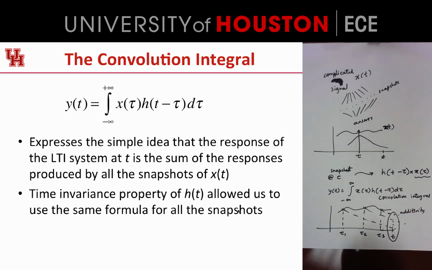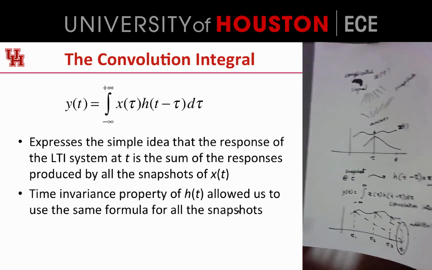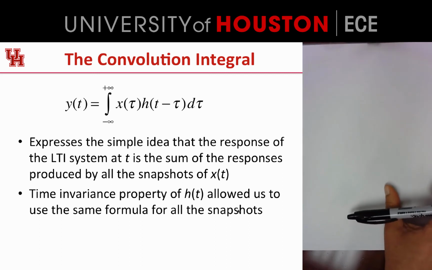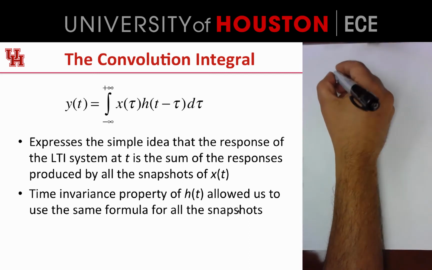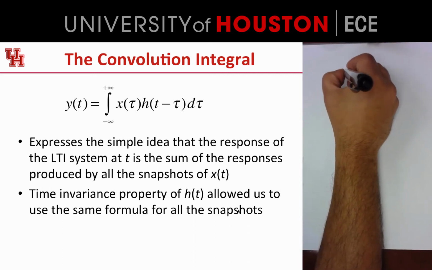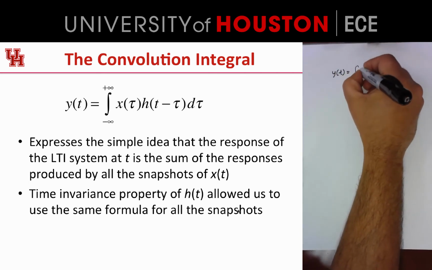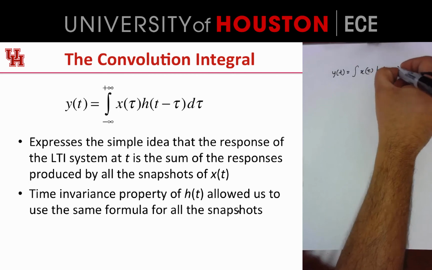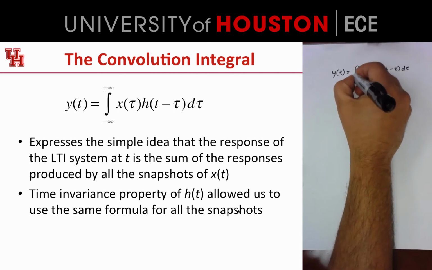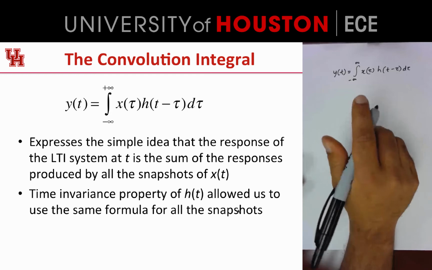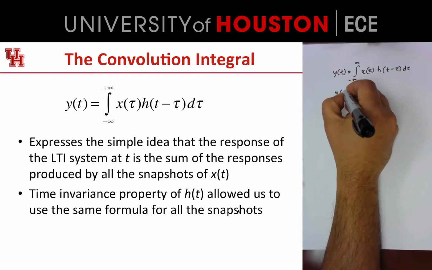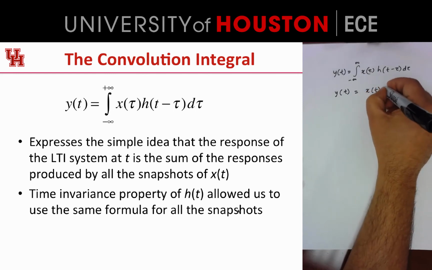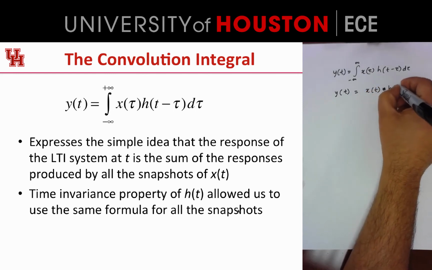Now in your textbook, the convolution integral, let me write it out all over again: y of t is the integral of x of tau h of t minus tau d tau. So y of t is more simply written as x of t convolved with h of t.